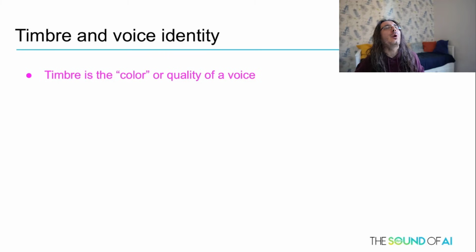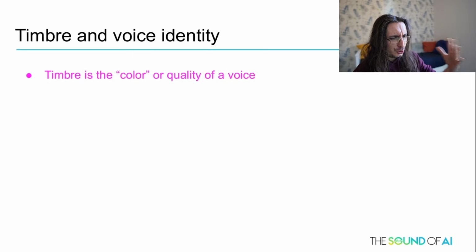Prosody is not the only thing that makes speech what it is. There's also another aspect of it that is timbre and voice identity. So what's timbre? Well, timbre is the color or the quality of the voice, okay? And in music, it's quite straightforward.